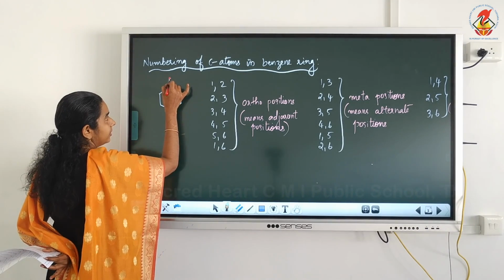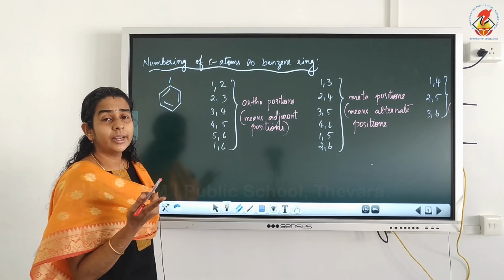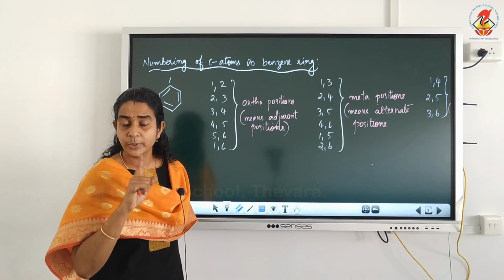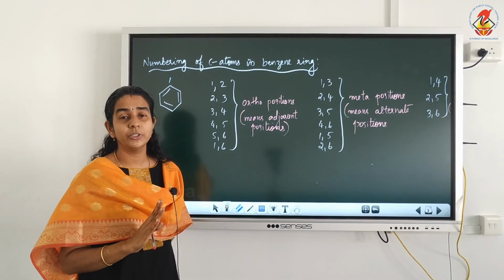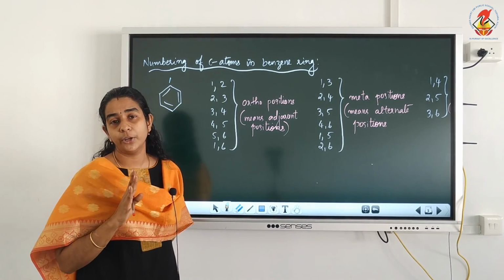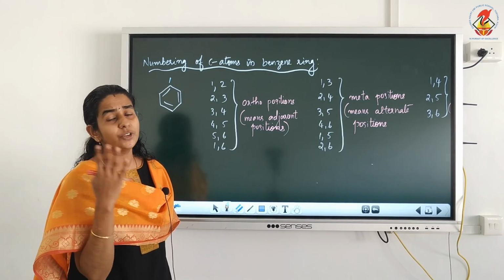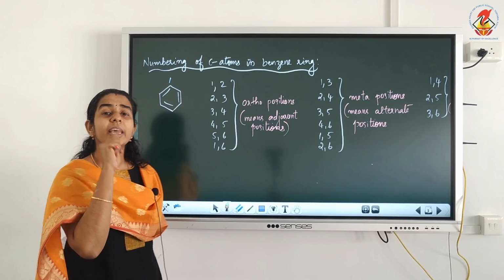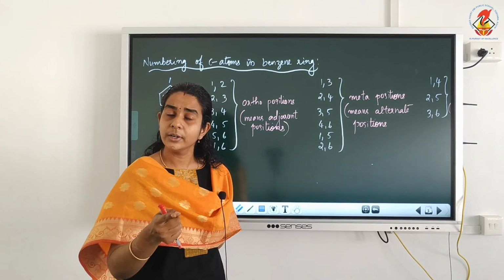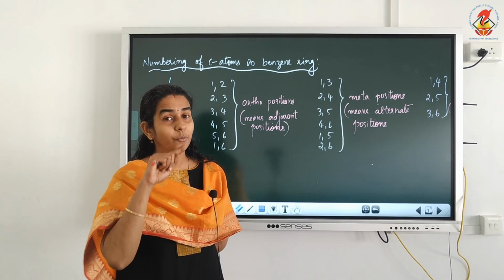So if I am starting from here, wherever you want, you can start numbering. The only thing is you have to apply the lowest sum rule. The highest priority functional group should get the lowest possible number. That is all you have to keep in your mind. Here it is a simple benzene ring, so from whichever carbon you want, you can start numbering. But we have to move either in the clockwise direction or in the anti-clockwise direction, any one direction only.